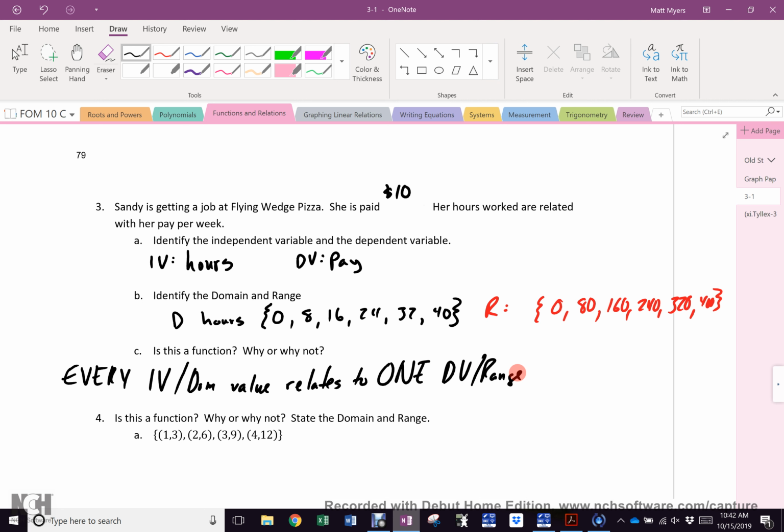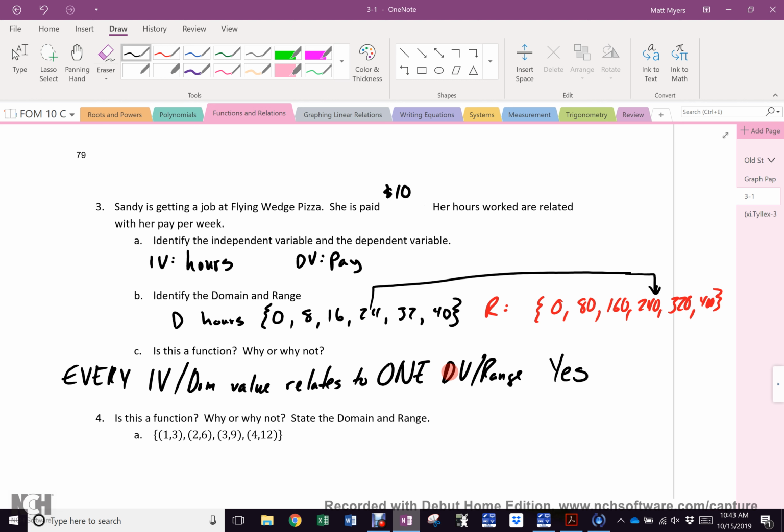Say a value from the domain. Any value from the black list. 24. Does 24 relate to only 1 range value? So is this a function? Yes. Yes, because each domain value relates to 1 range value. Everybody cool? Easy peasy lemon squeezy, yeah?